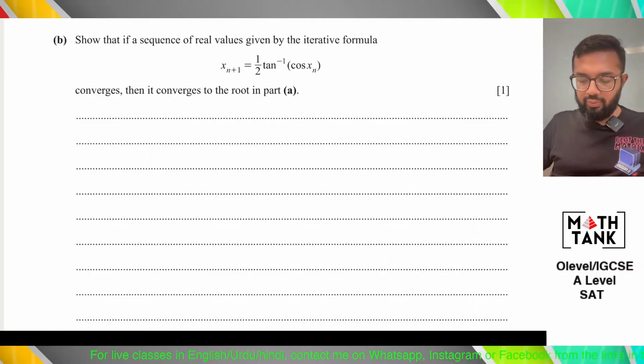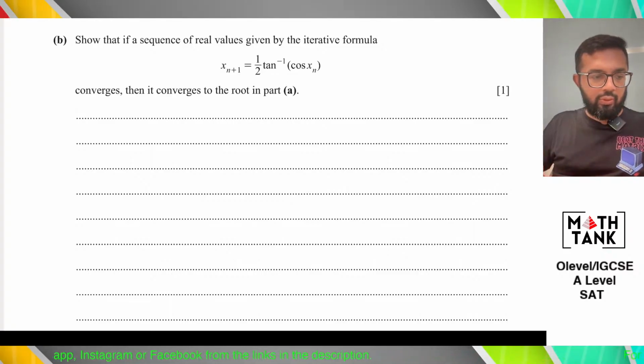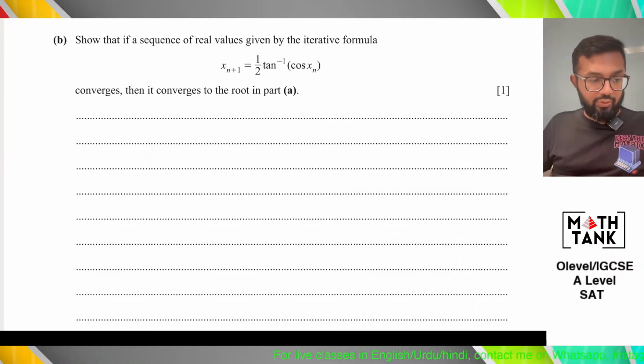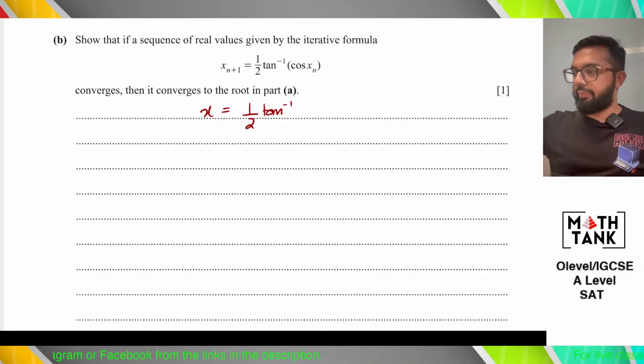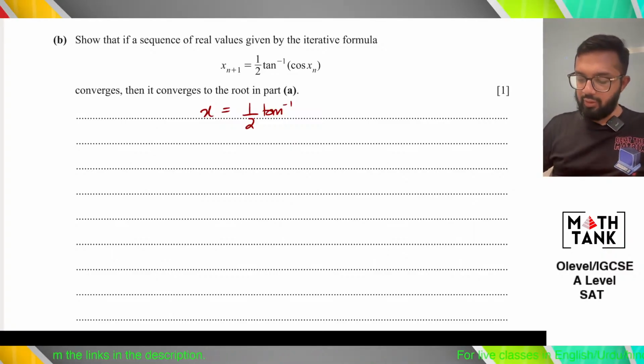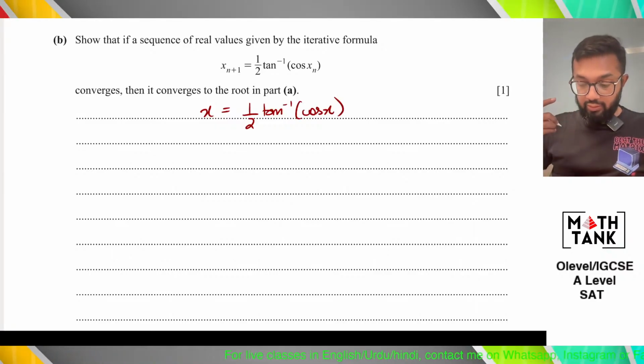This is: show that if a sequence of real values given by the iterative formula x n plus 1 equals half tan inverse of cos x n converges, then it converges to the root in part A. So I want to show you that this is the same as the earlier equation.